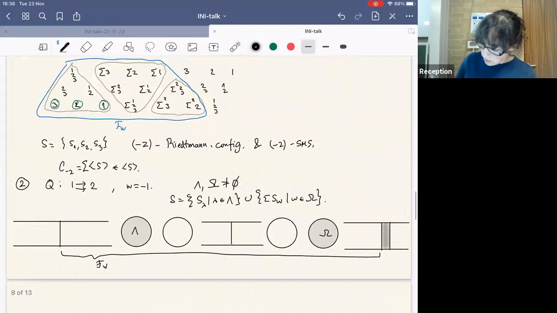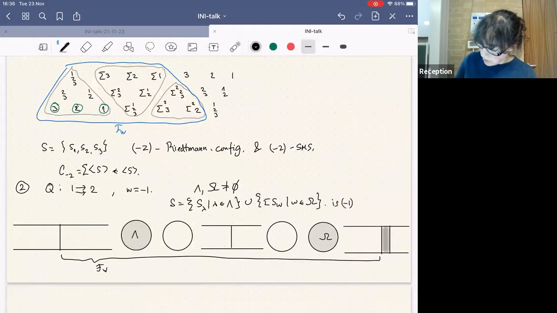So you can see that this is going to be a -1 Riemann configuration, but it's not a -1 simple-minded system.